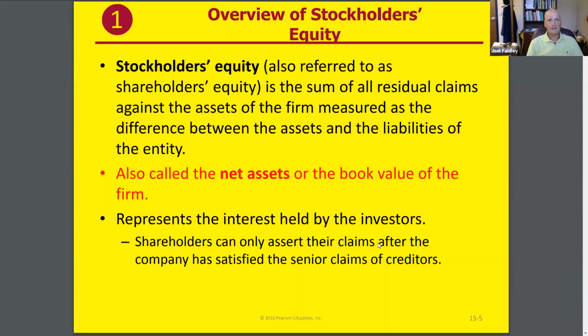The main components of stockholders' equity really is a combination of retained earnings, which is the link between your income statement and your balance sheet. Also your contributed capital, your other comprehensive income. But many times companies that are nonprofits, they don't have a stockholders' equity.